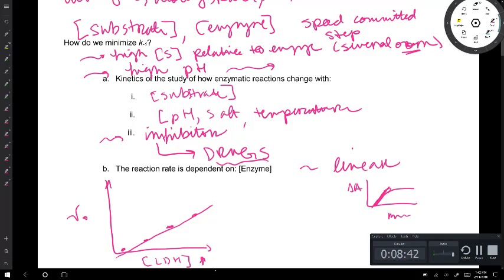So we can manipulate how fast our rate is, and where it is in the place where we want to measure it, based on the concentration of our enzyme.